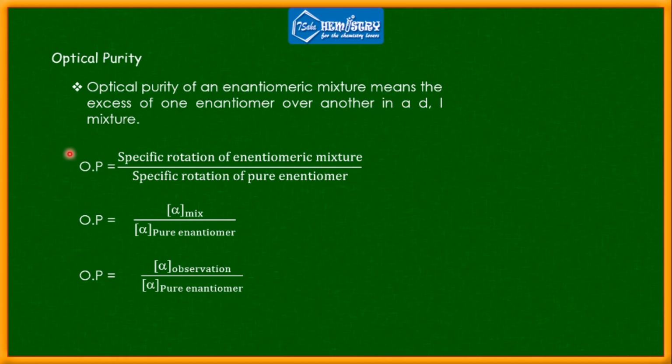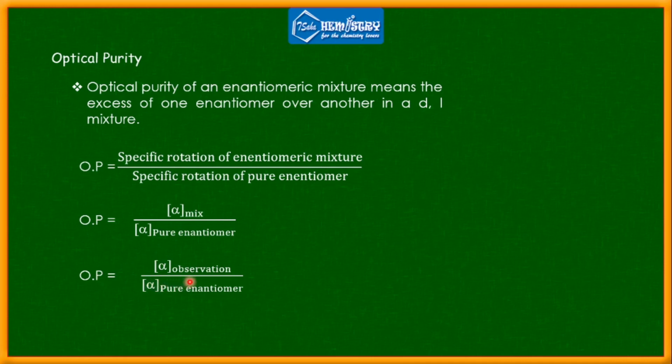So this is the working formula to calculate optical purity: specific rotation of the enantiomeric mixture divided by specific rotation of the pure enantiomer. It can be expressed as alpha mixture by alpha pure enantiomer, or alpha observed by alpha pure enantiomer, right?